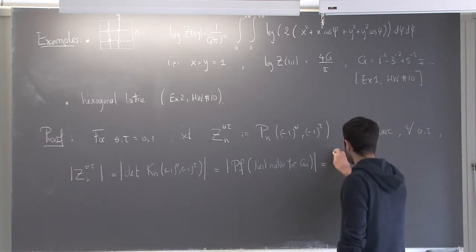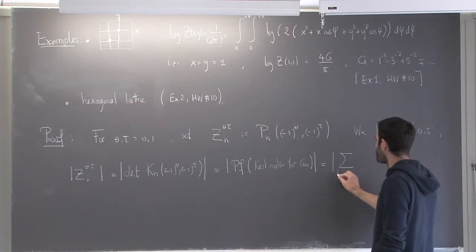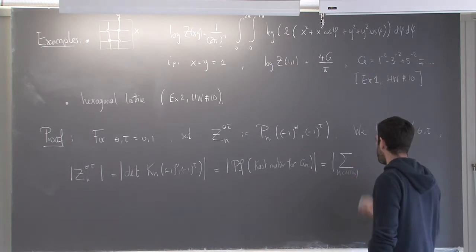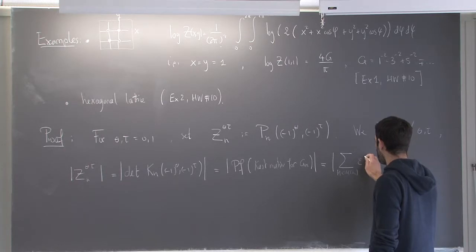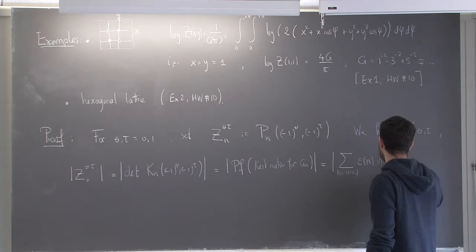Now, absolute value. The Pfaffian of a Kasteleyn matrix is something of the form sum over all dimer configurations of Gn of some sign times the weight.